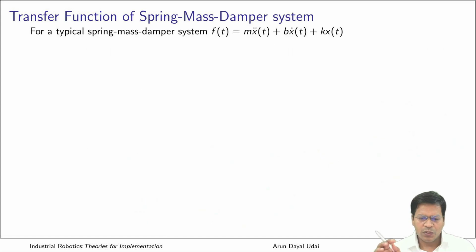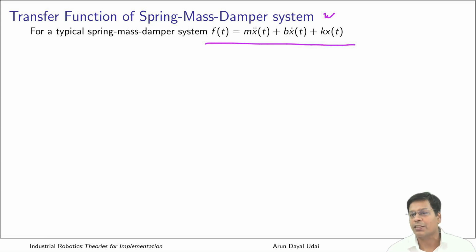Yes, let us start with a simple system, the spring mass damper system. We have used this quite often now because it is very analogous to the control system we are looking at, that is the robot control system. That also is a second order system, but it is not that linear, so it can be linearized to be almost near to this.